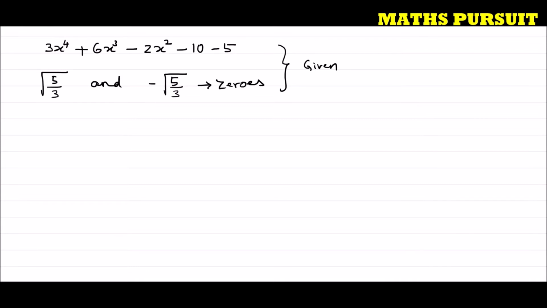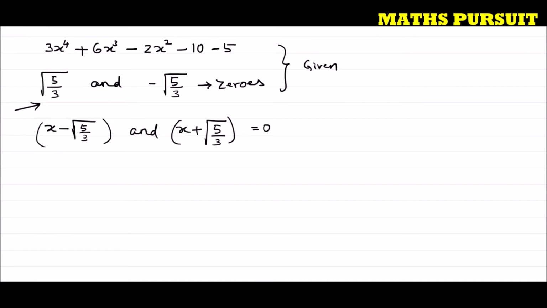Now let us start from here, from this line. If we start from here, we can write the above zeros in this way: x minus root over 5 upon 3, and the other one I can write as x plus root over 5 upon 3, equal to 0.